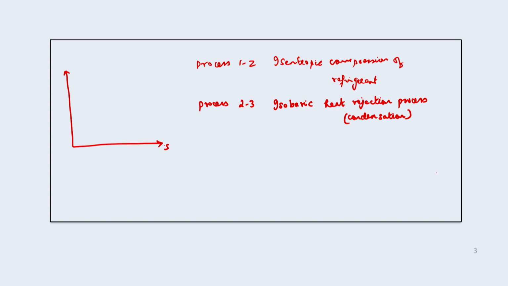The TS diagram: the temperature on the y axis and the entropy on the x axis. So, this is process 1 to 2, then we have 2 to 3, 3 to 4 and 4 to 1.